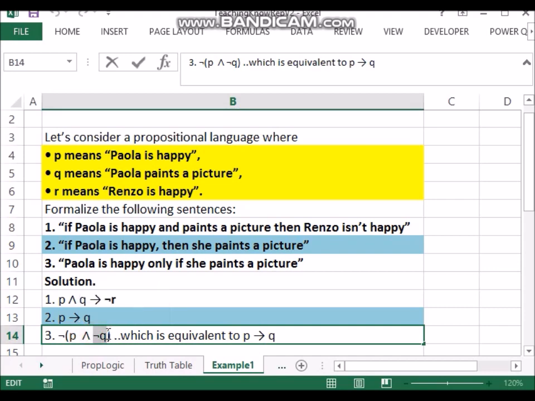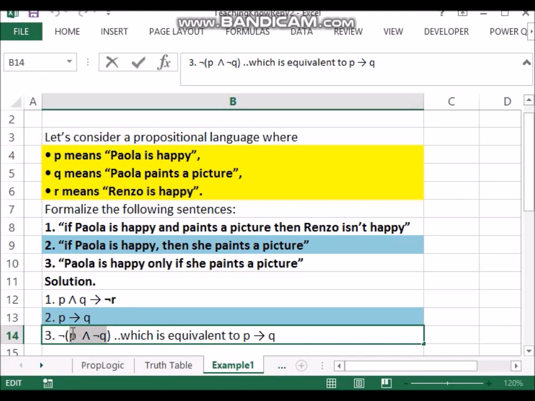Not Q means that she's not painting a picture. So Paula is happy and not painting a picture will never happen. So we are going deeper. Instead of saying Paula is happy only if she paints a picture, we are taking it one step deeper. We are first making a statement which goes P and not Q. Not Q means suppose she doesn't paint a picture, she is happy. That is false.